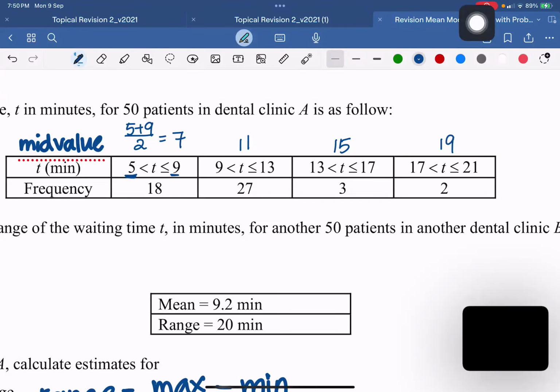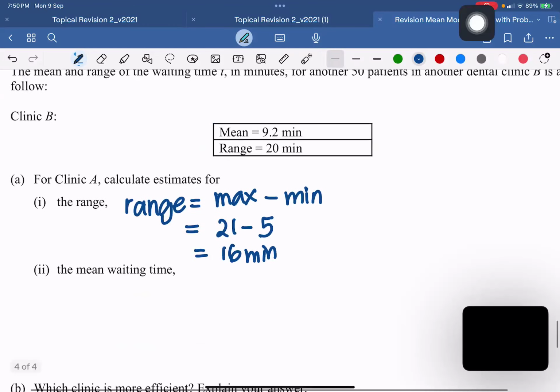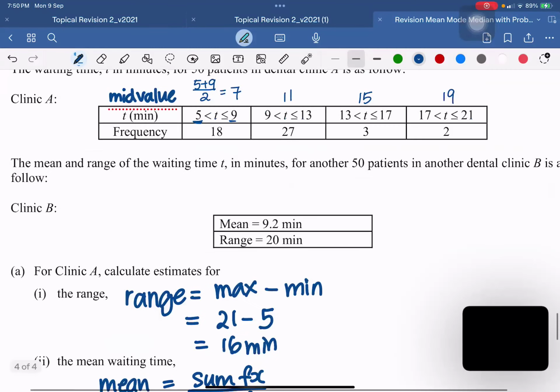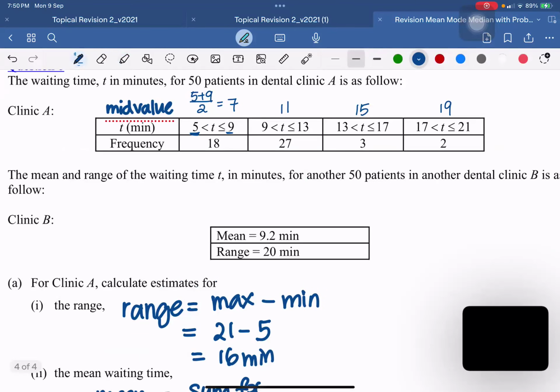In order to find our mean waiting time, mean is given by the formula sum fx over sum f. First, let's find the sum of the frequency. We have 2 rows of data. This one is my data value, this one is my frequency, so this is my x and this is my f.